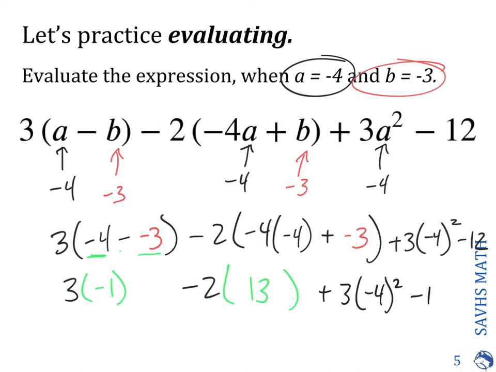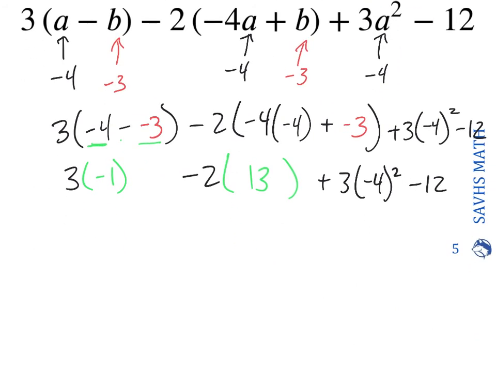The next thing we could look at is maybe this exponent. This exponent is negative 4 squared. Negative 4 squared means negative 4 times negative 4, and negative 4 times negative 4 is positive 16. Then I have to do 16 times 3. 16 times 3, I'm using my calculator here, is 48.